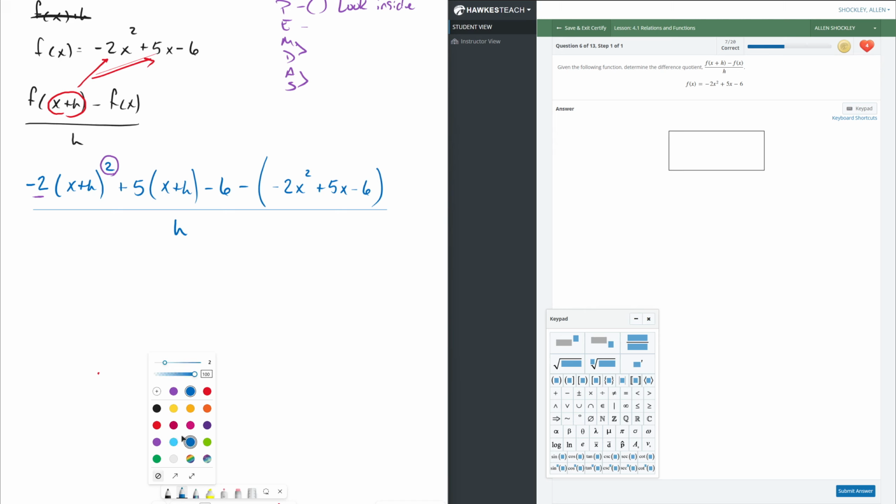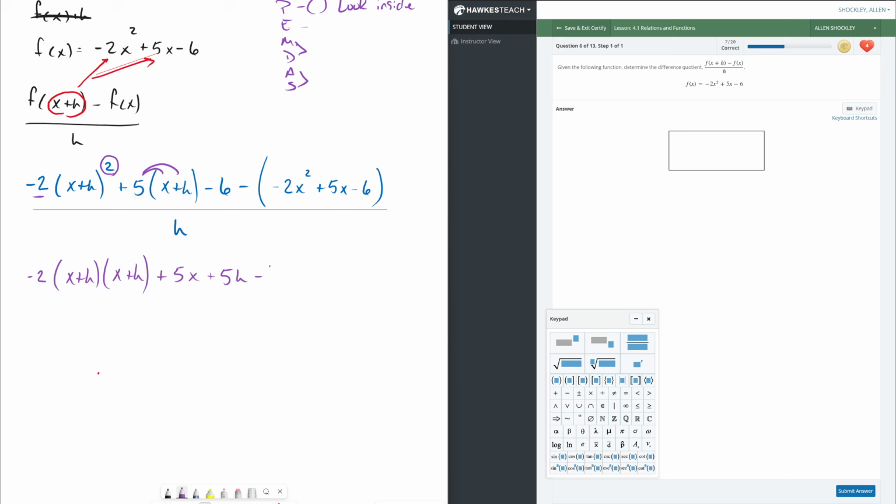So, negative 2, and then (x + h) is squared, so we can write it as (x + h) times (x + h), plus, and because we're here, we might as well start doing a little bit of multiplication so we can simplify just a little bit quicker. 5 times x is 5x. 5 times h is a positive 5h, minus 6.